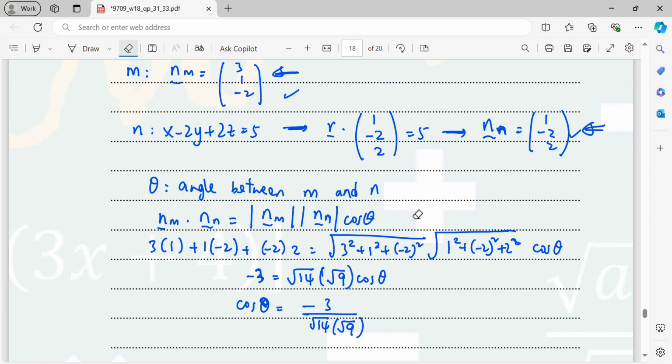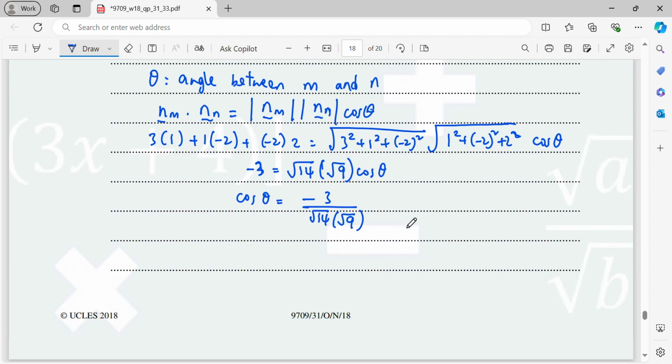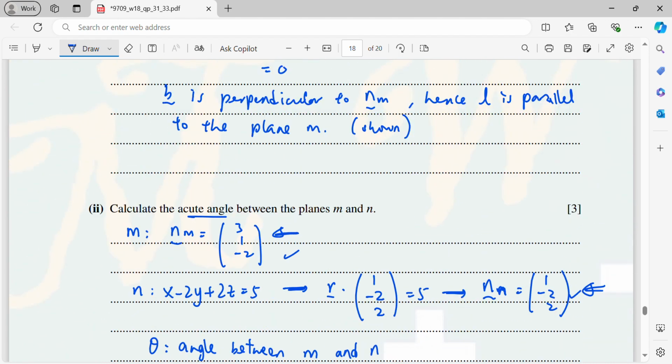That means now your theta will be inverse cos of the right side. Therefore, I will get theta is inverse cos of negative 3 over square root 14 square root 9, which we call arccos. Then you will be getting 105.5 degrees. But when you look at the question here, you need to calculate the acute angle.